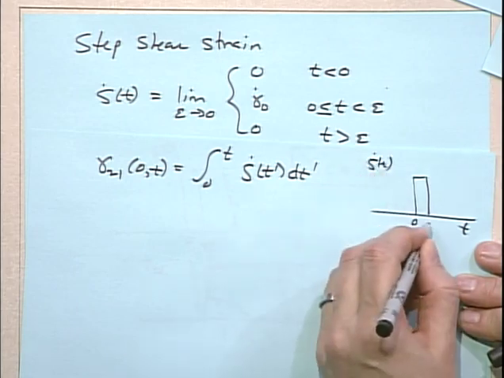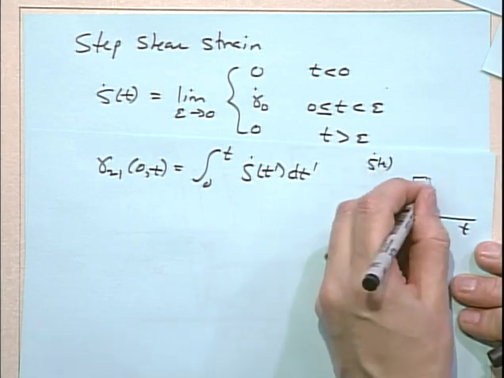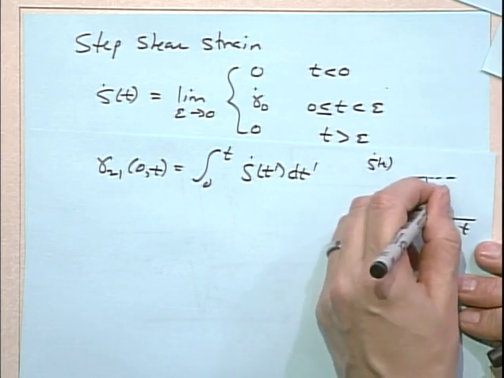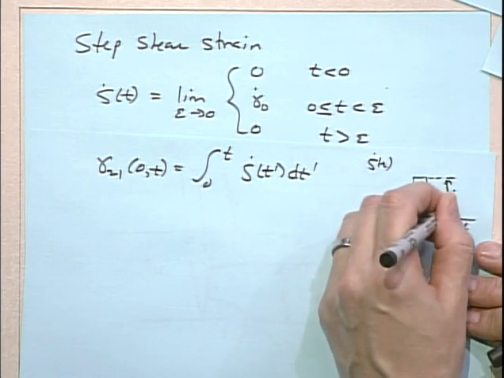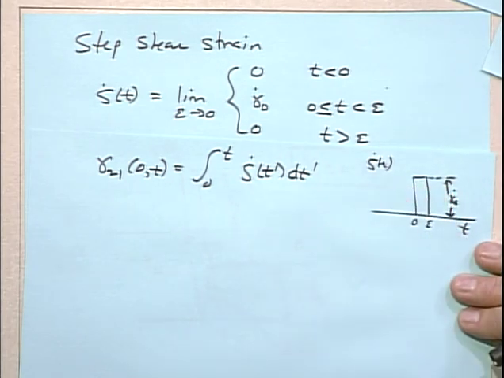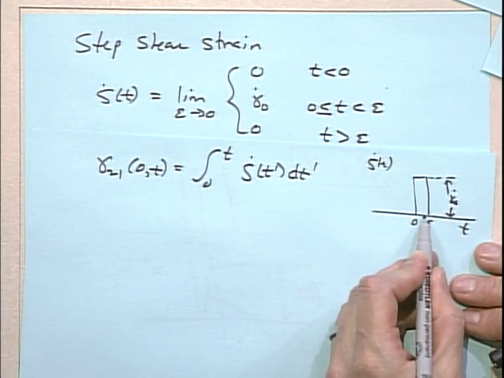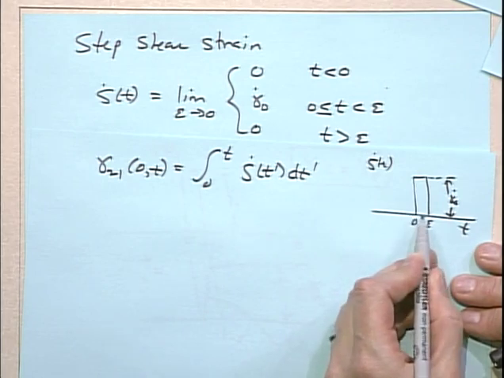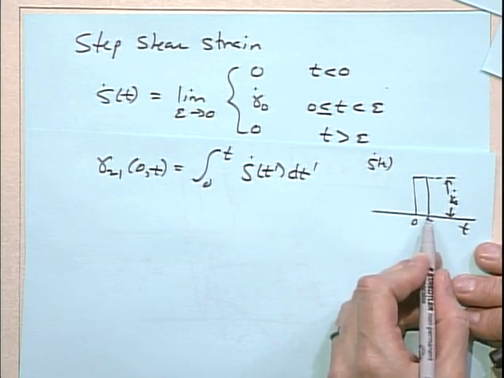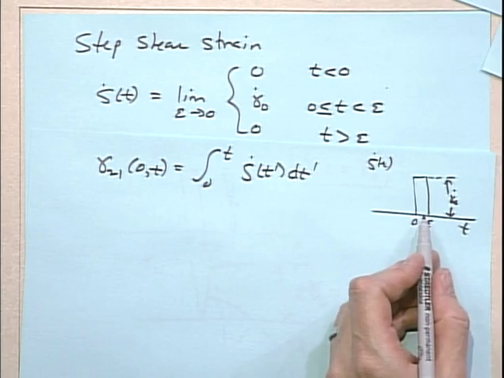This is 0, and this is epsilon. And this level is gamma dot naught. So this interval is vanishingly small. Okay, so we're not going to worry. Actually, I'm not sure. Maybe I did it that way.